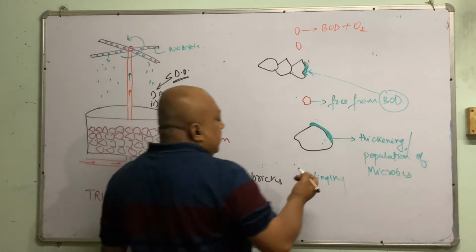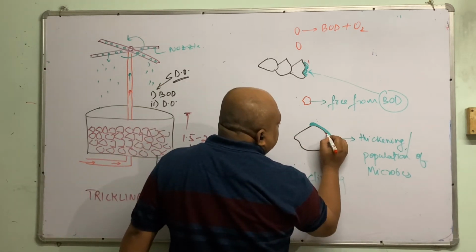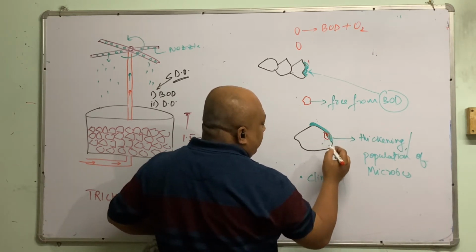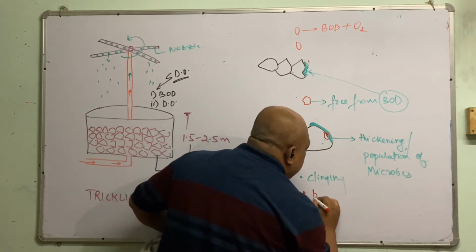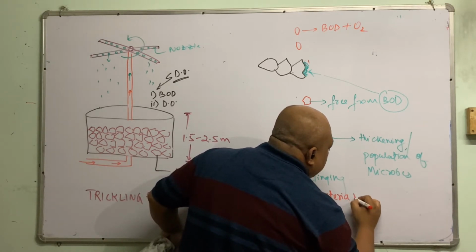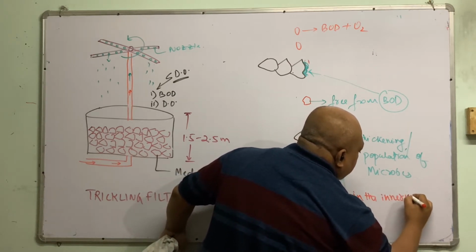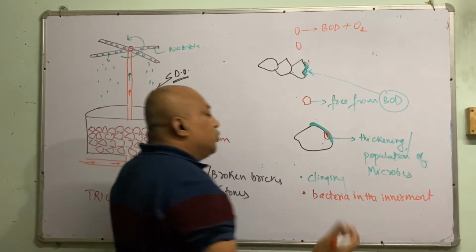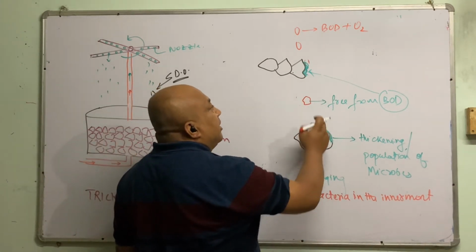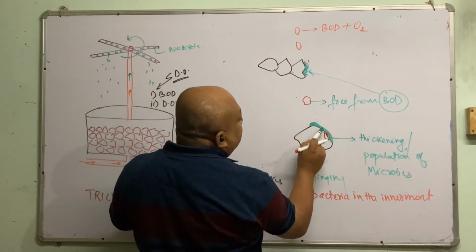Now, what happens is some bacteria are there that are inside. This bacteria, this red part, the bacteria in the innermost, with the due course of time, will not be able to have any food or oxygen because the layer keeps on increasing and increasing.